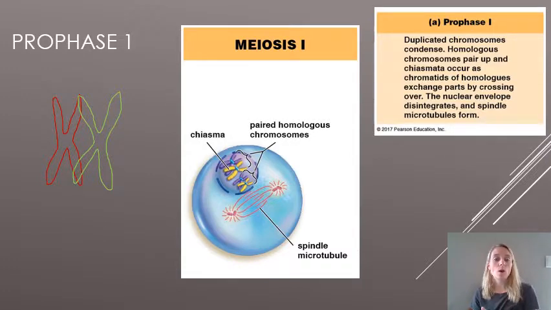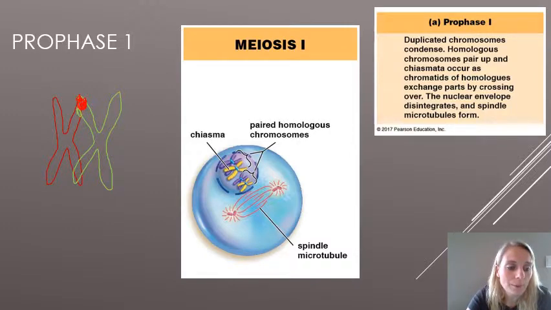Okay, so what we actually do in this process is, there's a little region called the chiasma or chiasmata. We break off little pieces of each of those chromatids, the sister chromatids, and swap them with our homologous partners. So what that means is I'm going to end up with a red chromosome with a little bit of the green.